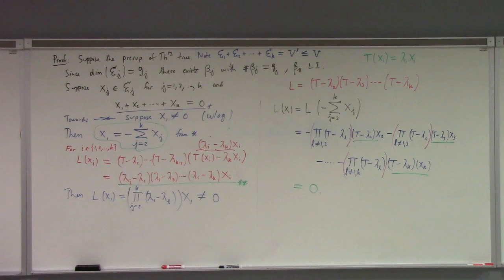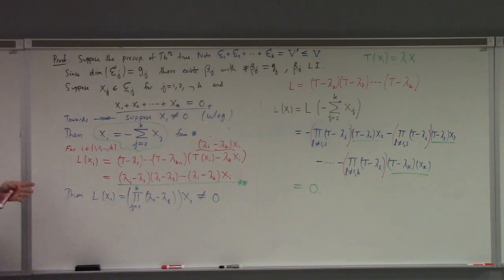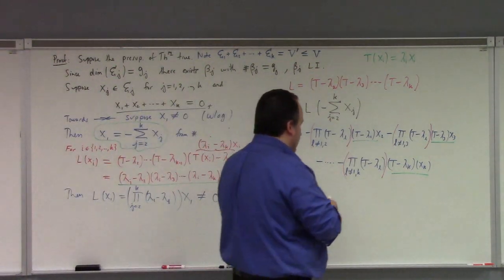Therefore, eigenspaces are independent. In fact, if you look at this proof, if you drop the assumption that the algebraic multiplicities are equal to the geometric multiplicities, you could still make this proof. There's a corollary that we should state to the proof.